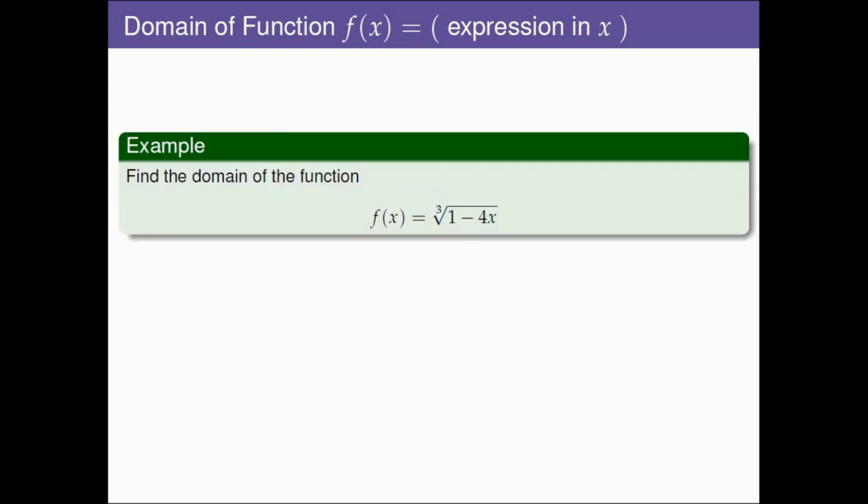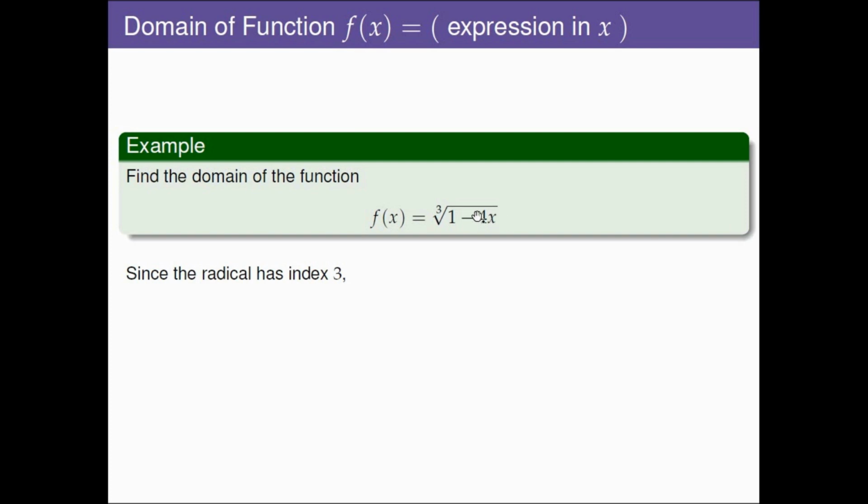How about f of x equals cube root of 1 minus 4x? Since the index of the radical is equal to 3, which is odd, then even if the expression inside is negative, f of x is still defined.